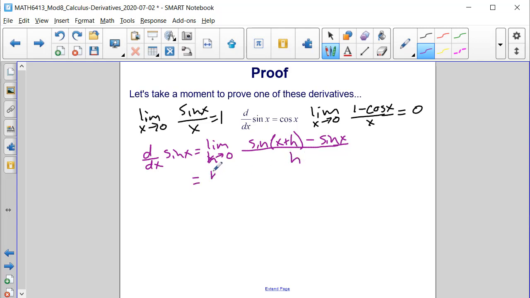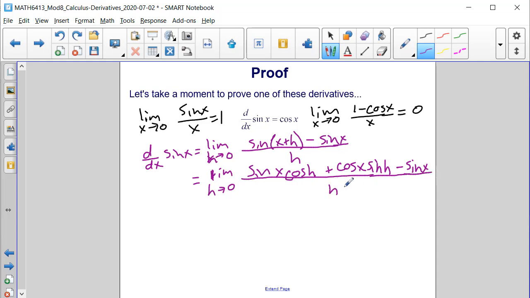And then we can rewrite this as the limit as h approaches 0 of, and if we remember, the angle sum identity with sine of two angles that are added together can be rewritten as the sine of x cosine of h plus cosine of x sine h, and then we still have the minus sine of x here all over h.